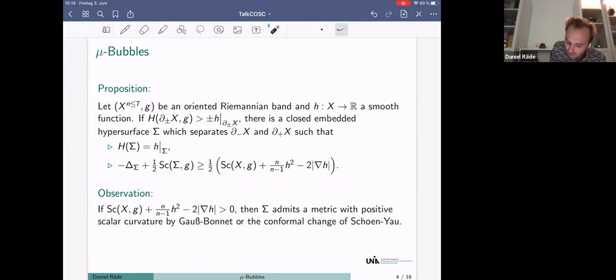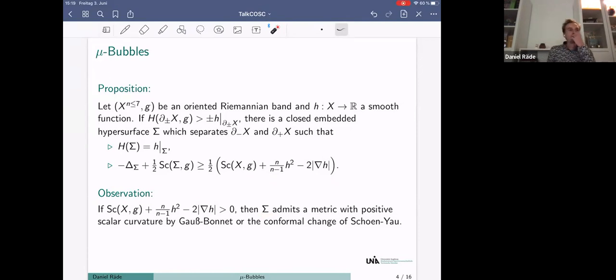And then we know that this sigma, the separating hypersurface, all of its components will admit a metric with positive scalar curvature. And you have to distinguish two cases in dimension. If sigma is two-dimensional, then you use Gauss-Bonnet, and if sigma is higher dimensional, then you use this conformal change argument, which was used by Schoen and Yau, but goes back to the work of Kazdan and Warner.